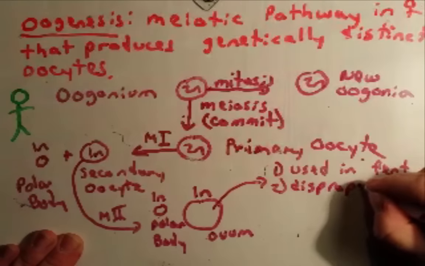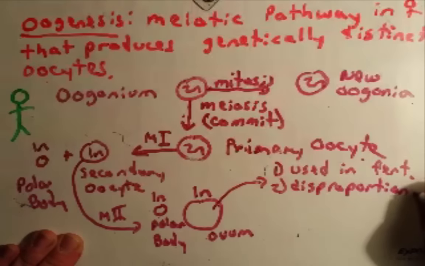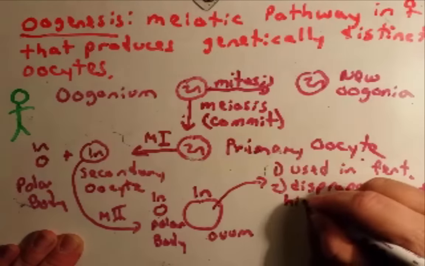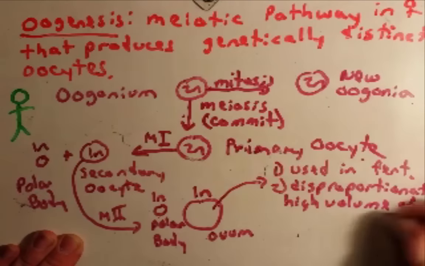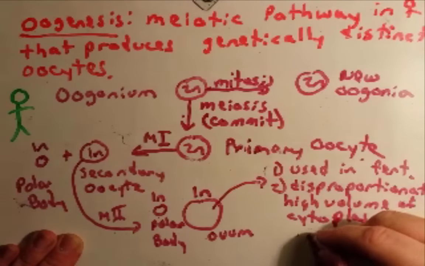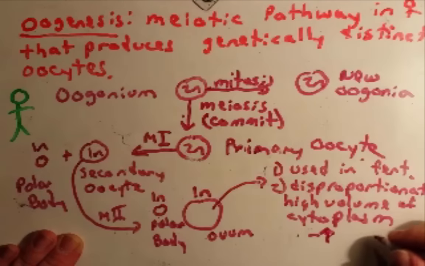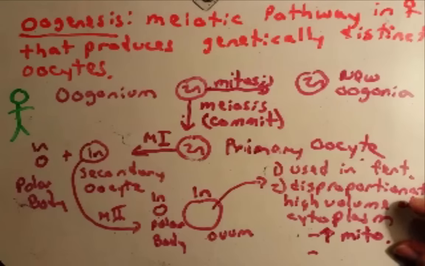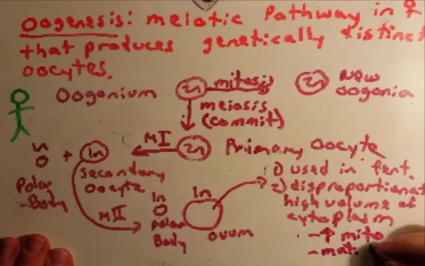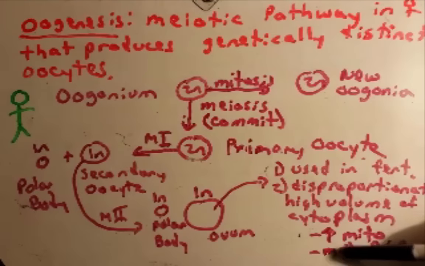Disproportionately high volume of cytoplasm. This means it has a lot, I put an up arrow for a lot, of mitochondria and other organelles, but particularly mitochondria and maternal RNA. This is very important for the future fertilization process.